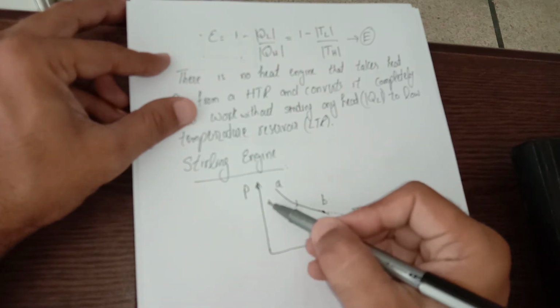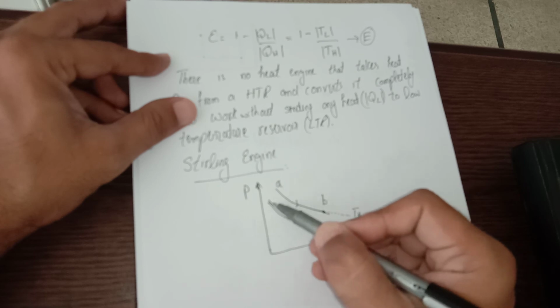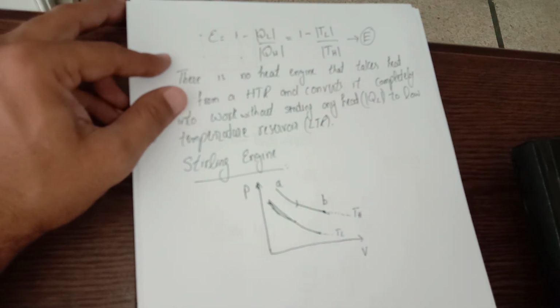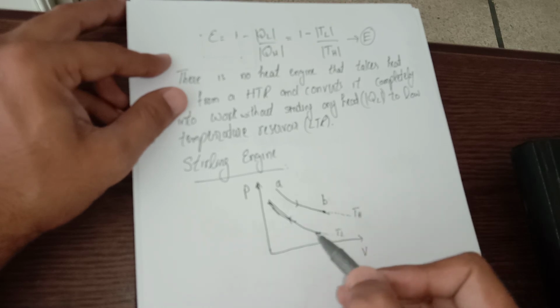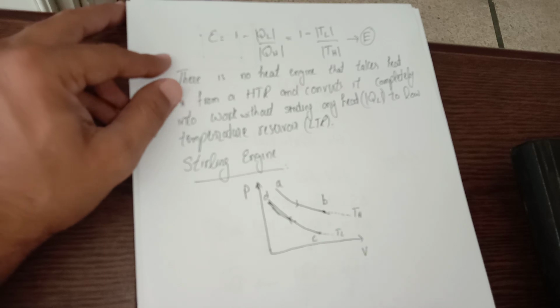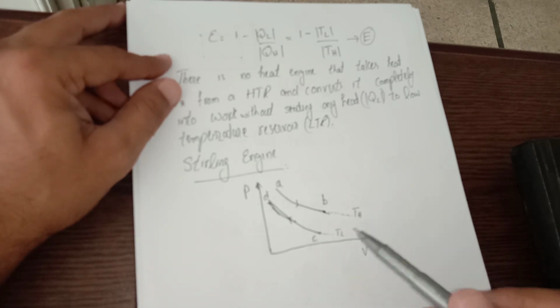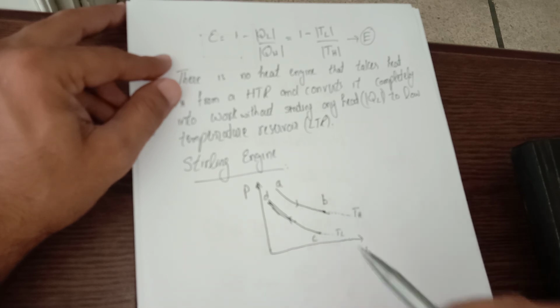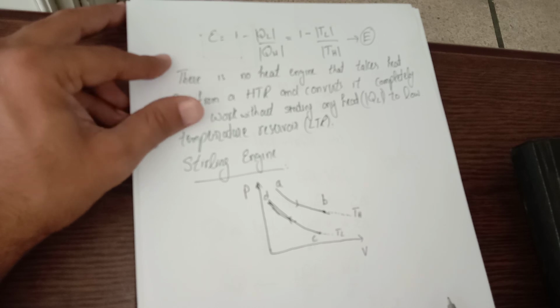This represents C to D, an isothermal compression, and both of these occur at the same time, as QH and QL are the amount of heat energy taken from the higher temperature reservoir to the working substance, and QL from the working substance to the low temperature reservoir.